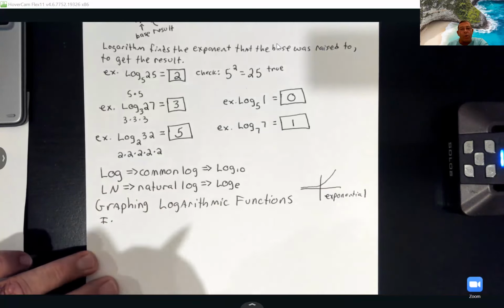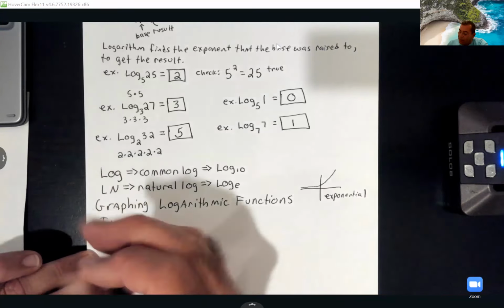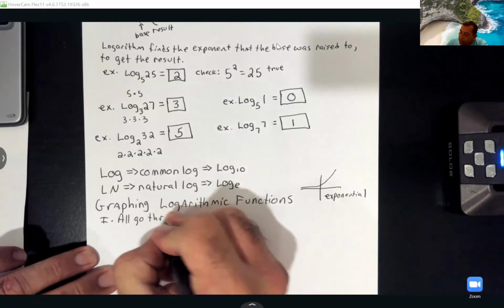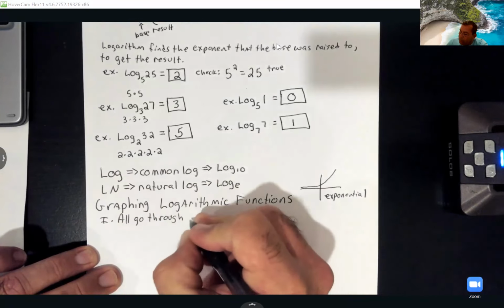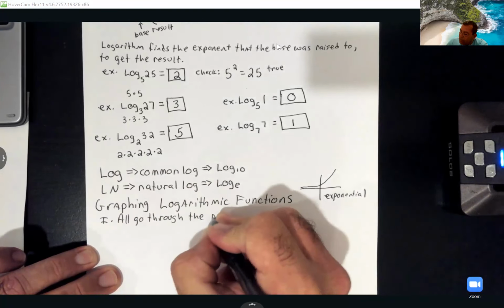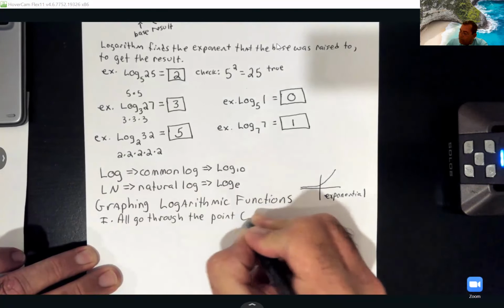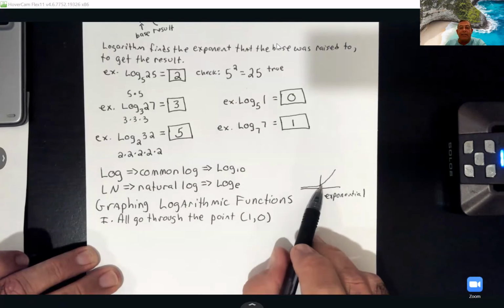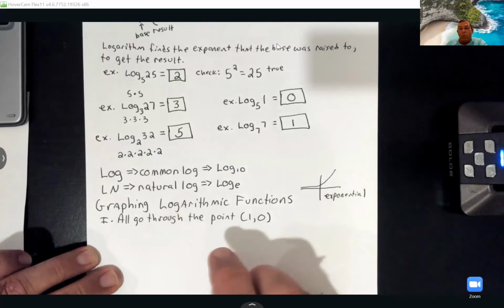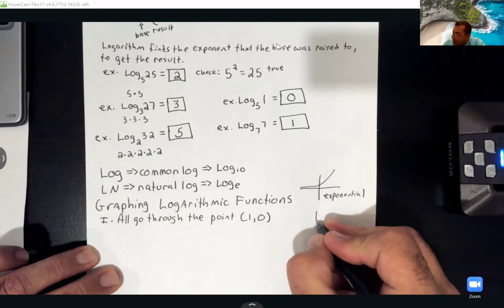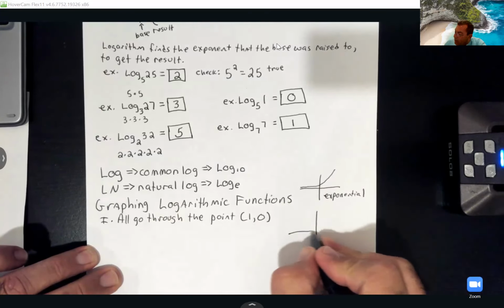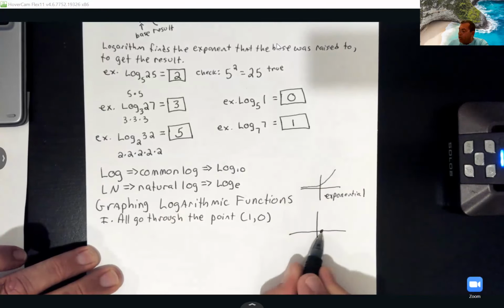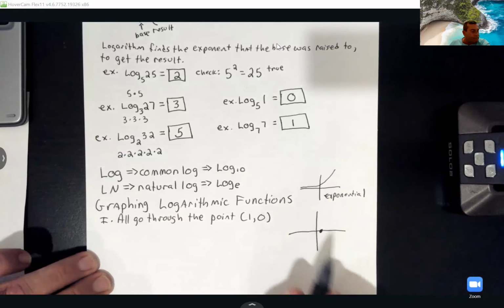They all go through the point 1, 0. So instead of crossing the y-axis at 0, 1, these are going to cross the x-axis at 1. So if this is 1 on my x-axis, they're all going to cross it right there, okay?